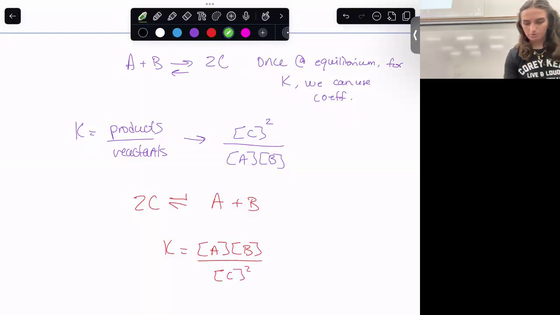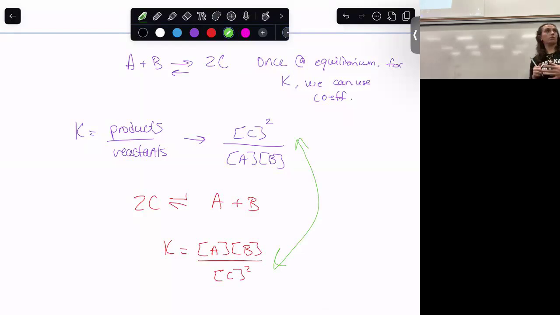What is the relationship between purple K and red K? It's the inverse, right? So purple K is equal to red K to the -1. We're just taking the inverse of this one.